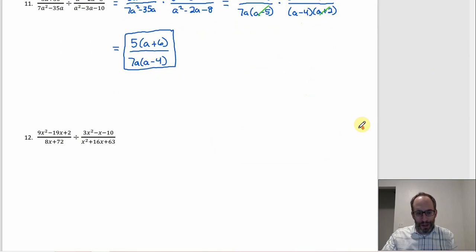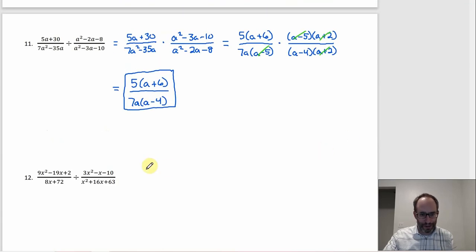All right, then number 12, a similar kind of idea, although if you look at what's going on in 12, we've got, if you look at the two numerators anyway, trinomials where the leading coefficient's not 1, so maybe the factoring would be a little more challenging here. I guess we'll find out. First things first, rearrange that so it's multiplication by the reciprocal.